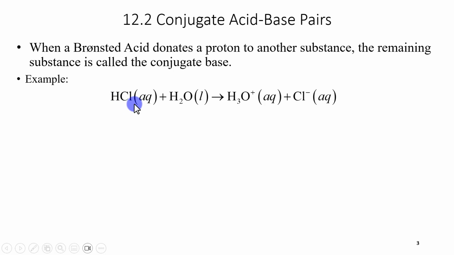What's left over after this acid donates the proton? Cl minus. This Cl minus is called the conjugate base of my original acid. So we will have a pair of Bronsted acid and conjugate base.